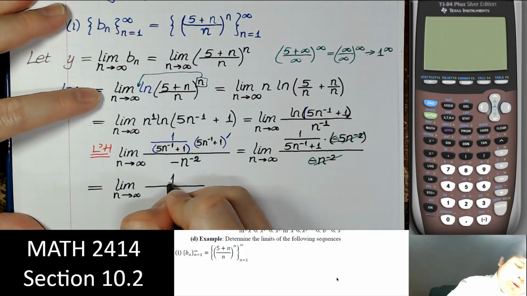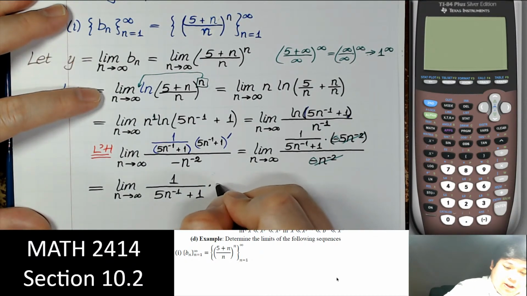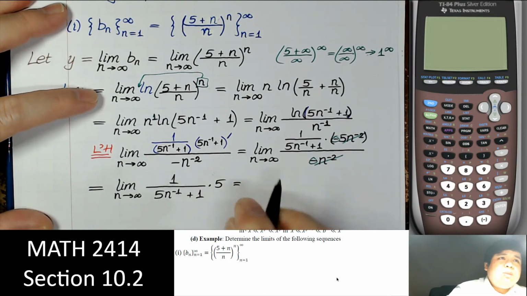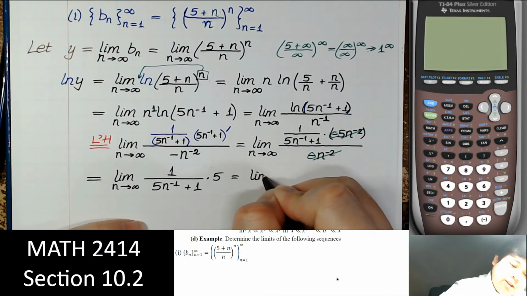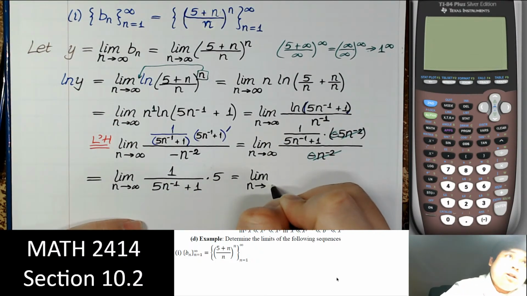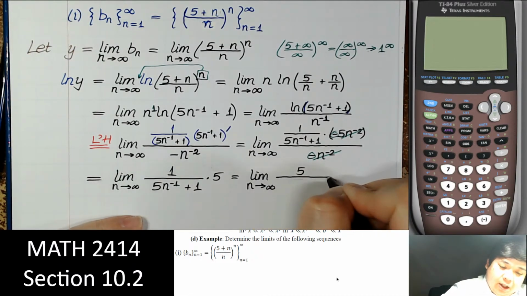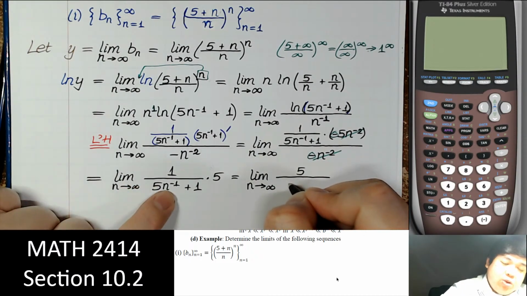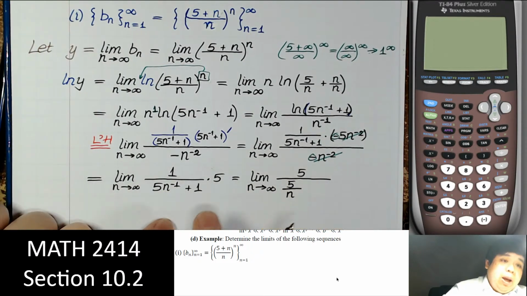We just have 1 over 5n to negative 1 plus 1 times 5. I'm going to put 5 on the top instead, and the bottom, n to negative 1, move to the bottom.